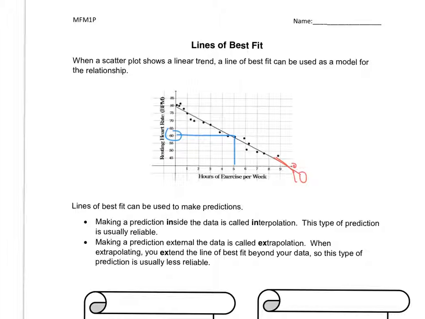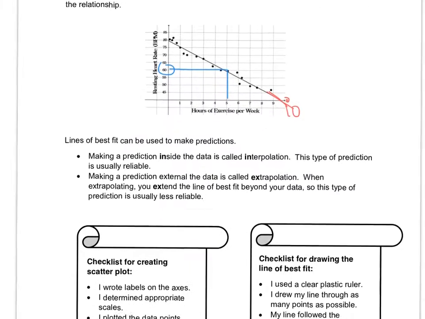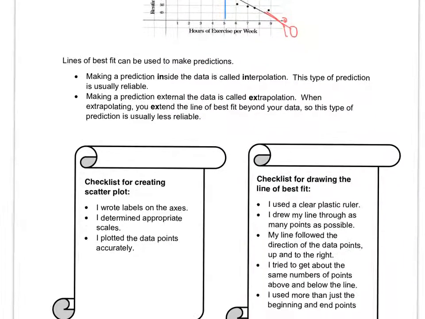And this is less reliable because it lies outside of the data collected, whereas 5, which was interpolation, was more reliable because it's inside the data collected. We will continue to talk about this in our further examples.